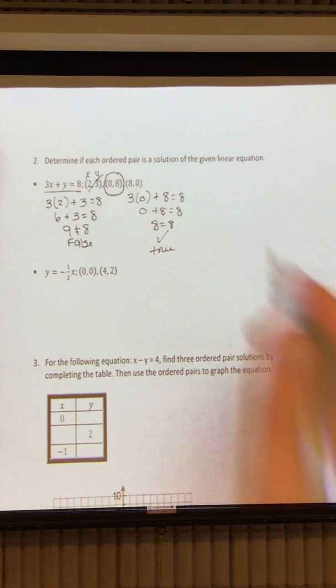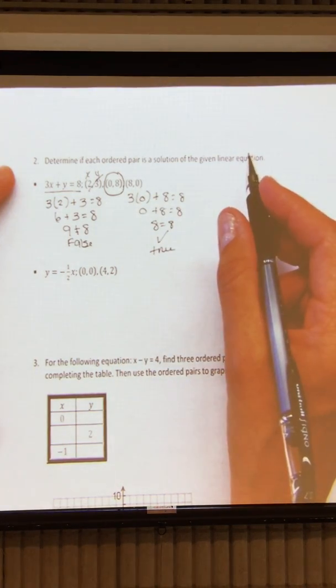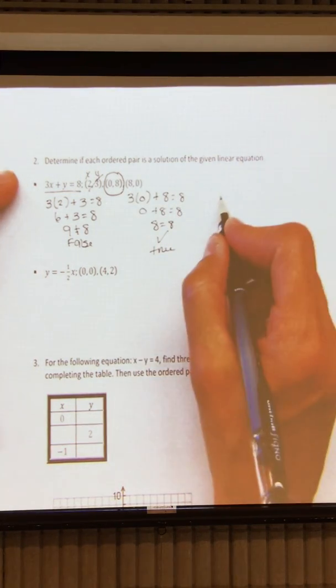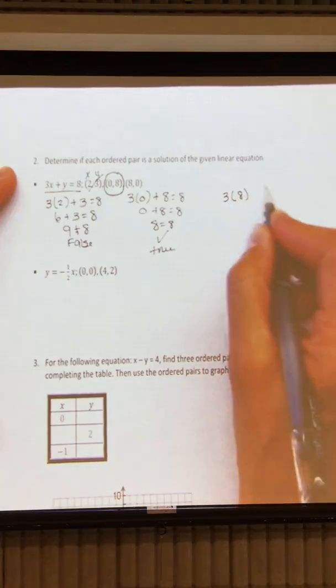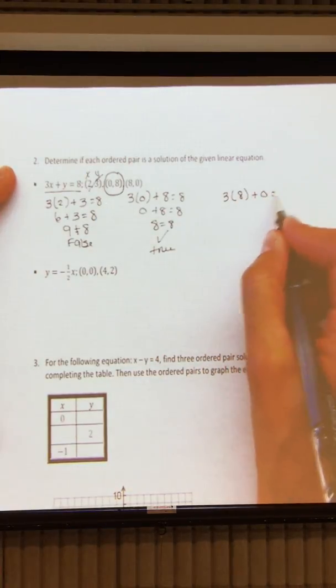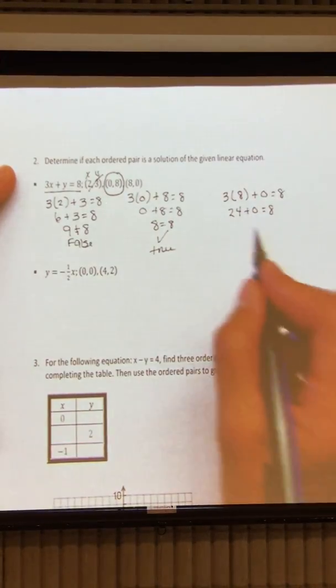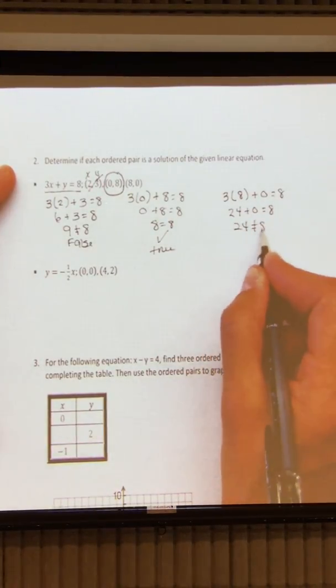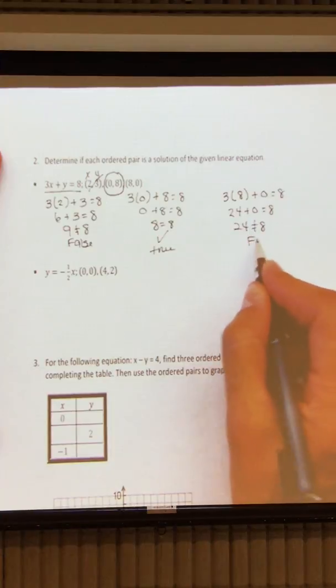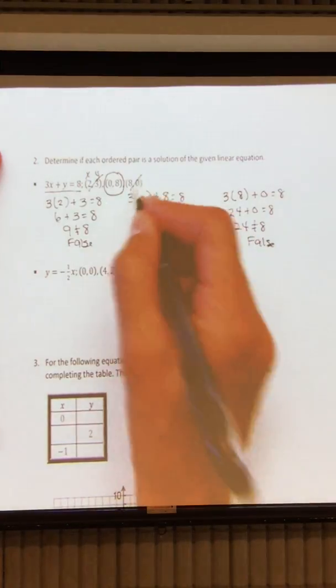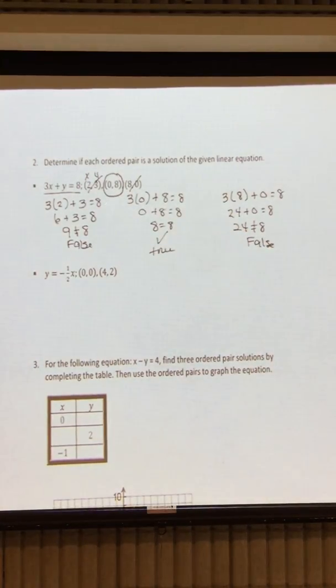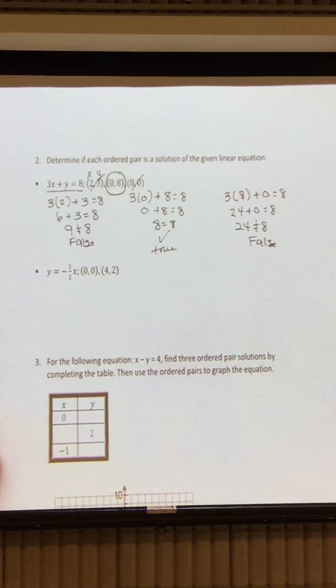And the third point, let's substitute x and y. X is 8, so 3 times 8 plus y, which is 0, is equal to 8. 24 plus 0 is equal to 8. 24 does not equal 8. False. Therefore, 8, 0 is not a solution to that given equation.